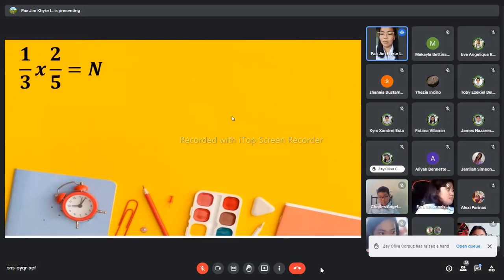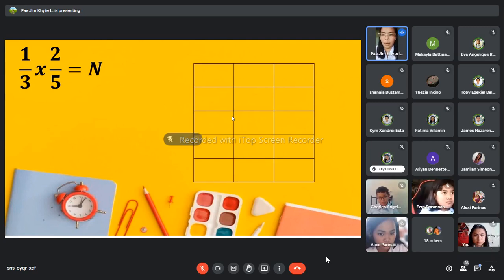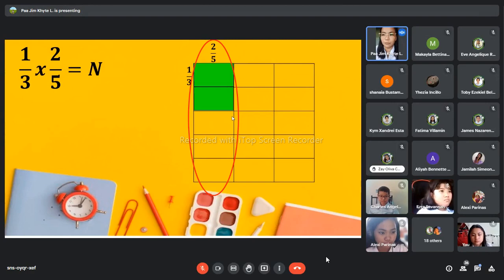Let's take a look at the next example. Our next equation is 1/3 multiplied by 2/5. So if we take a look at our model, in this part, we will show the parts of 1/3. And on this part is the parts of 2/5.